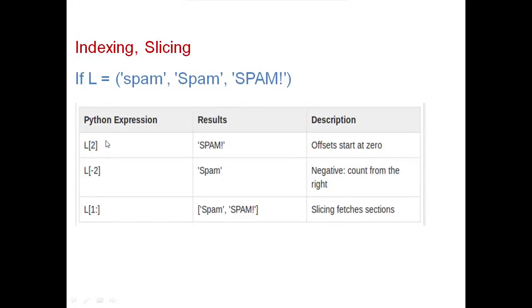There are two types of indexing in Python for strings, lists, etc. That is forward indexing and reverse indexing. In forward indexing, the first element will have the index 0, the second element will have the index 1, and so on.